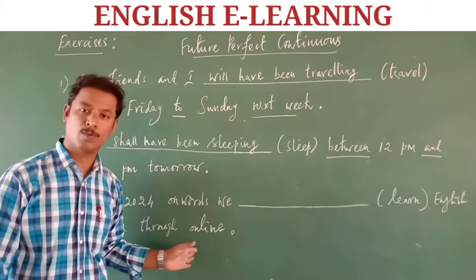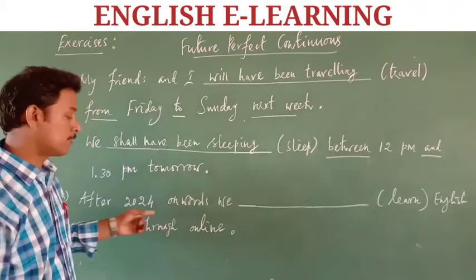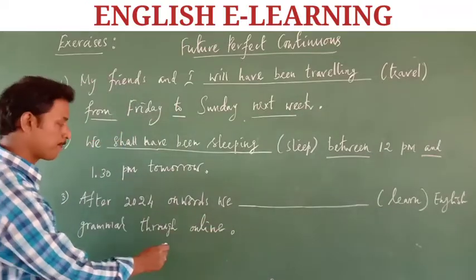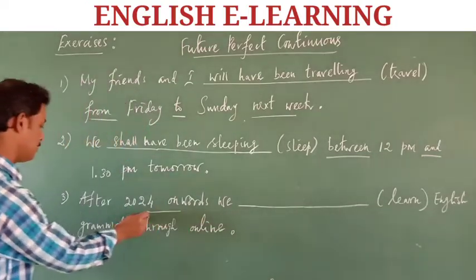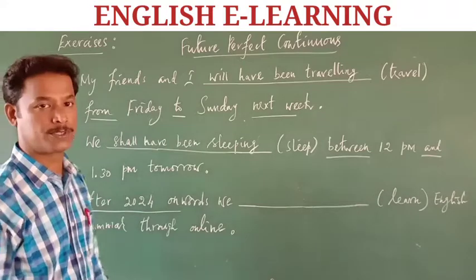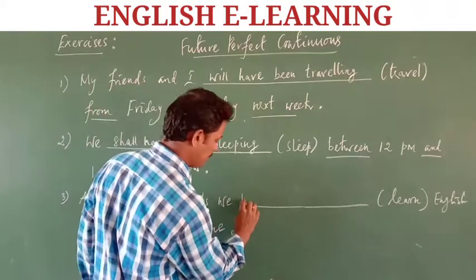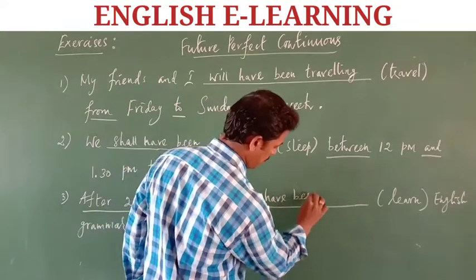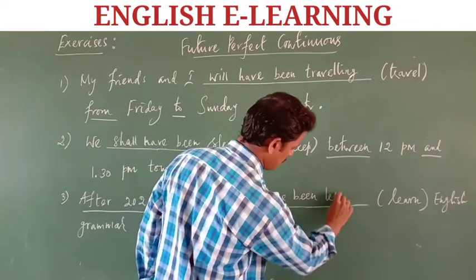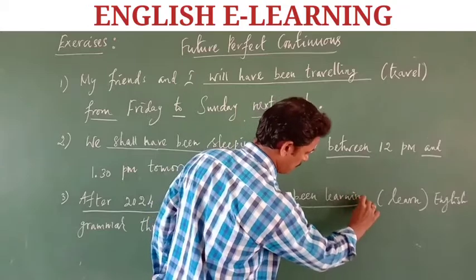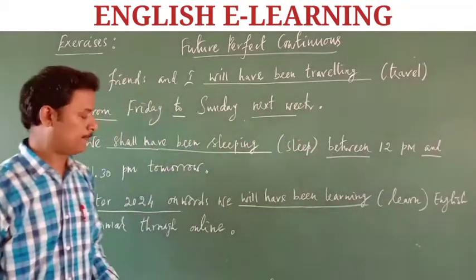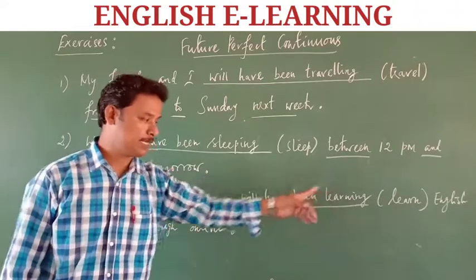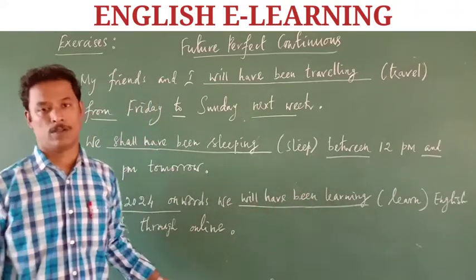Not only English grammar, whatever the subjects. After 2024 onwards we dash. The keyword is after 2024 onwards. So the answer is will or shall plus have plus been plus verb plus ing learning. Right. After 2024 onwards we will have been learning English grammar through online.